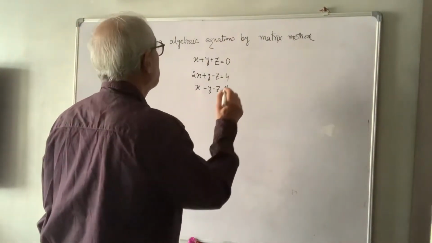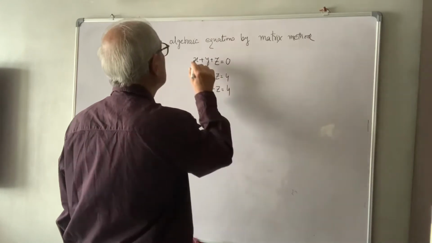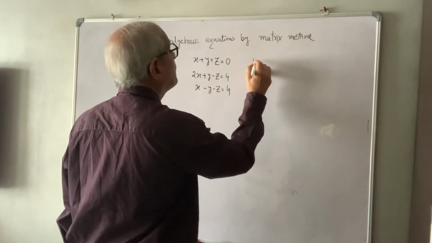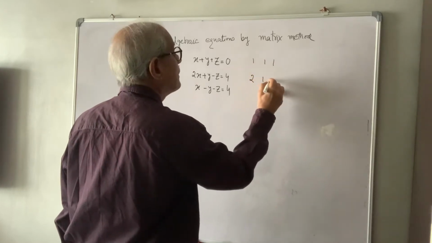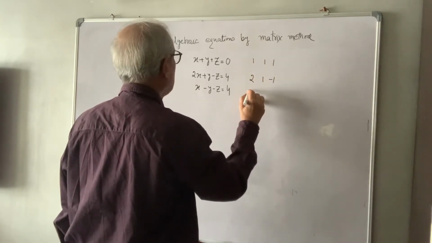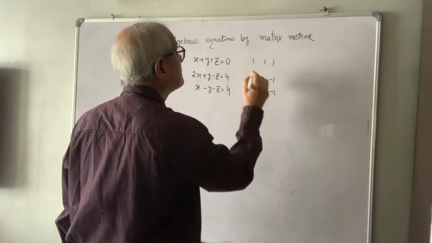In matrix form, we can write these equations as, we take the coefficients 1, 1, 1, 2, 1, minus 1, 1, minus 1, minus 1.